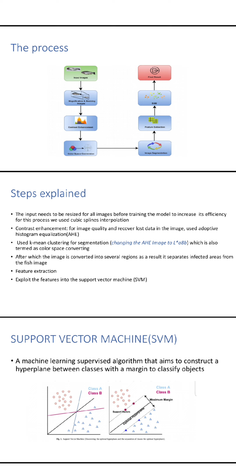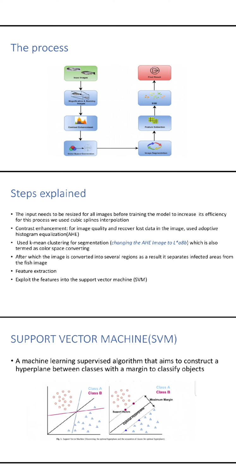Then we moved on to contrast enhancement for image quality, and then recovery of data loss in the image. And for image enhancement, I used adaptive histogram equalization for contrast and making the images clearer.